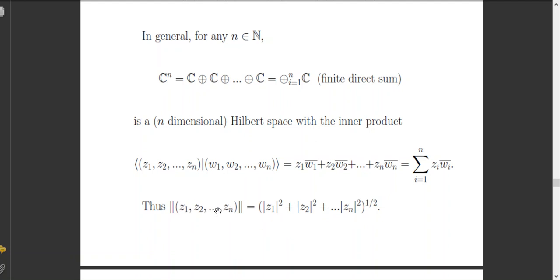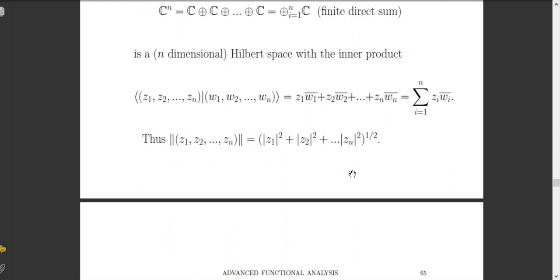Look at here, if you take the inner product of this element with itself, we have z1 z1 bar, which means the absolute value of z1 squared. Here it becomes z2 z2 bar, which means the absolute value of z2 squared, and so on. So C^n is an n-dimensional complex Hilbert space with this inner product and with this norm.